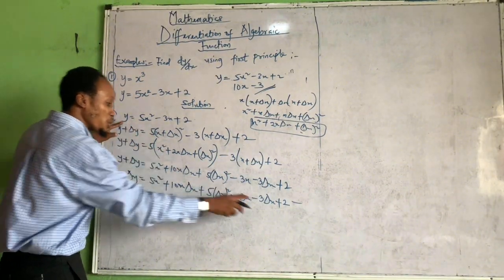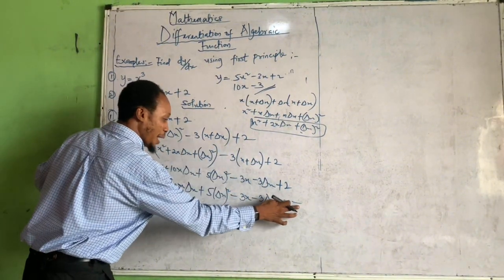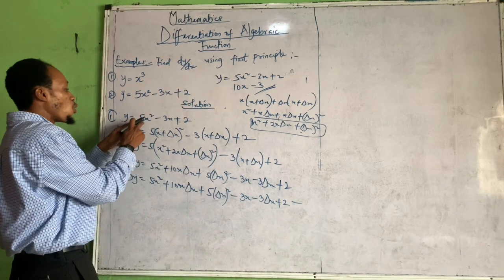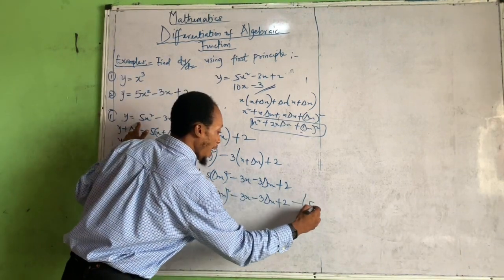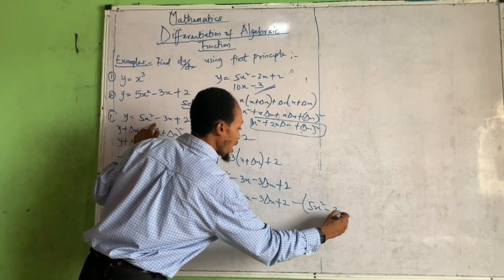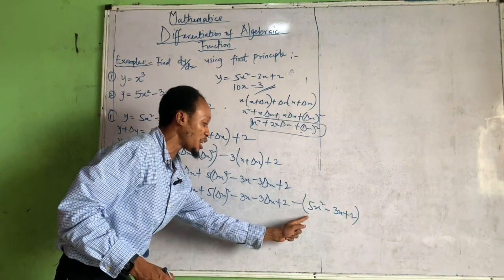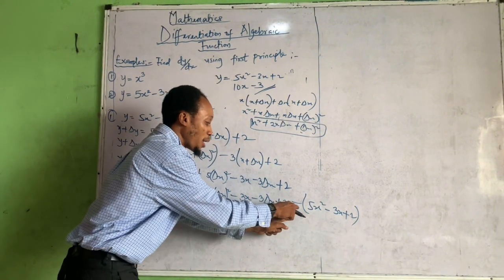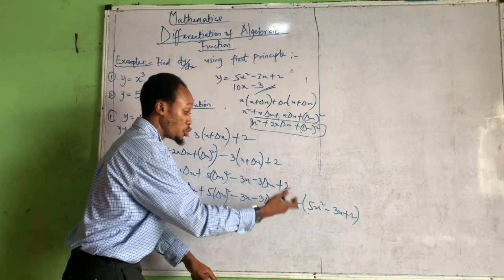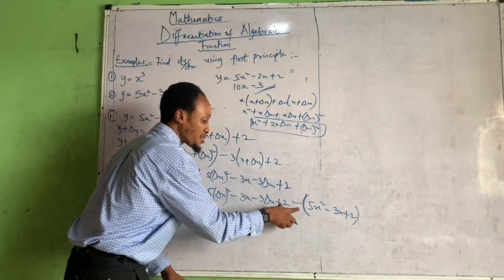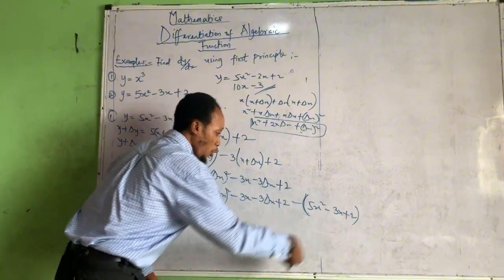So we are replacing, we are bringing y to this place. This is minus, then y. But replacing y, it will now be 5x squared minus 3x plus 2. Why there is bracket there is because of this minus, so that the minus will expand the bracket. If you put it like that, you'll be wrong. So anytime you have it like this and you are replacing with something and then the minus is in front, you have to open up your bracket.